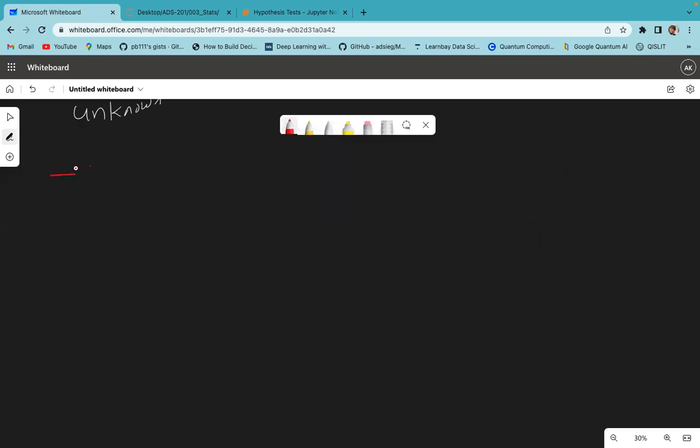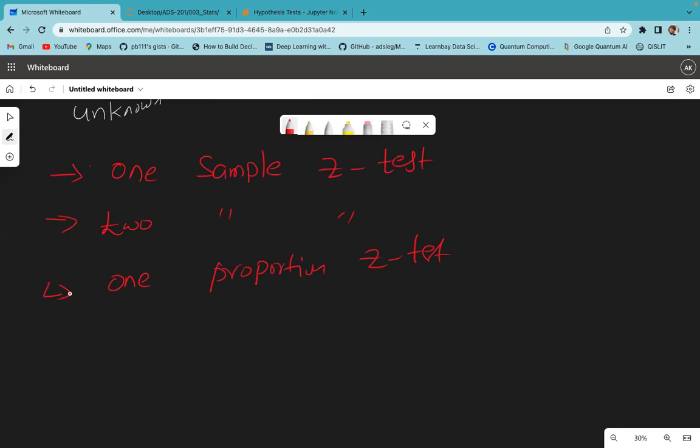There are four types of Z tests. The first is the one sample Z test, the second is the two sample Z test, the third is the one proportion Z test, and the fourth is the two proportions Z test.